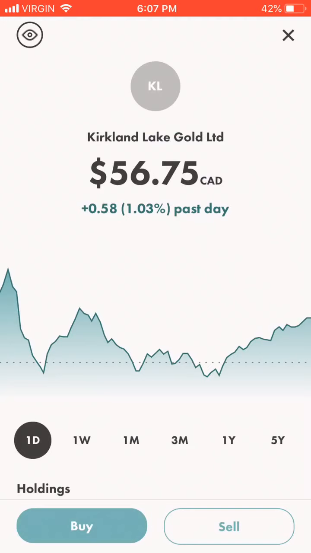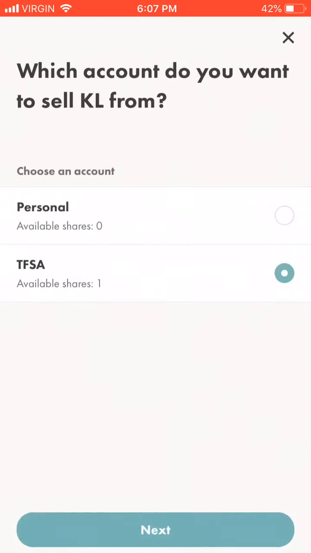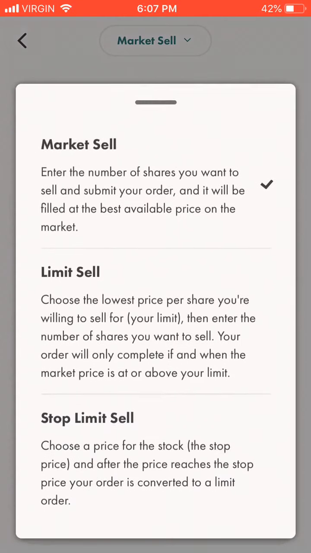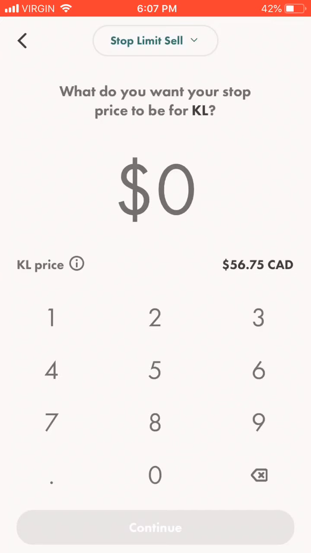We already did the market sell. So another option is the stop limit sell. The stop limit sell is the way to cut your losses. As you can see here, KL, the stock that we're currently holding, is at $56.75.